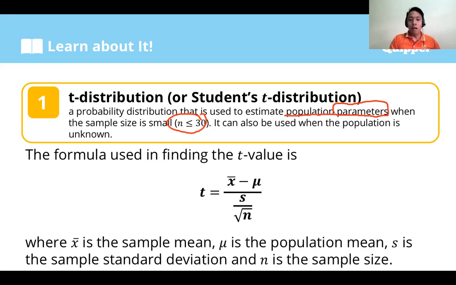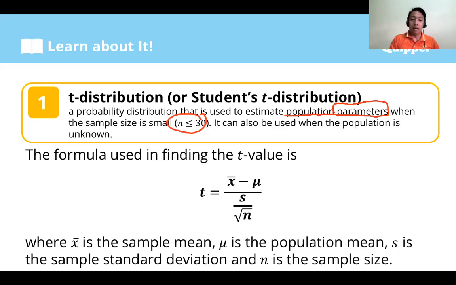This will be the formula: T equals x bar minus mu, the population mean, all over s divided by the square root of n. So what is the meaning of those symbols? Where x bar is the sample mean.